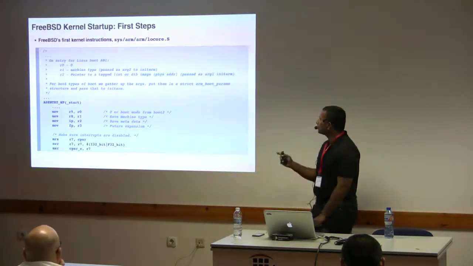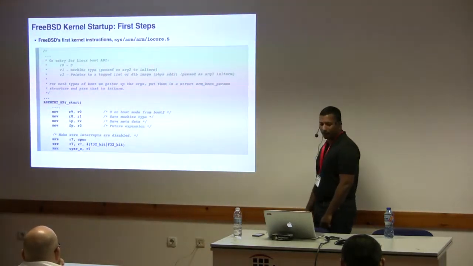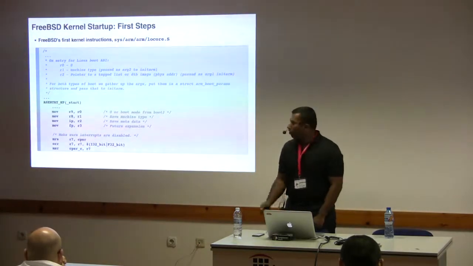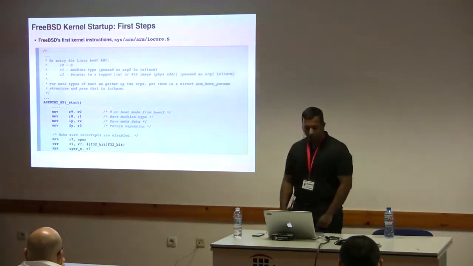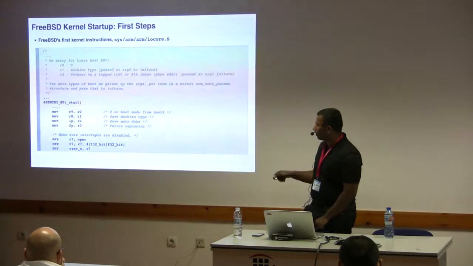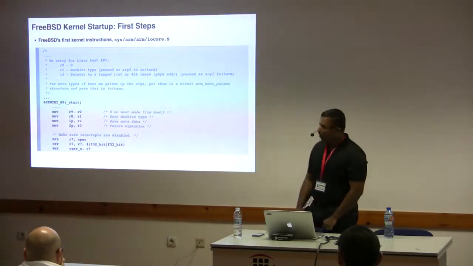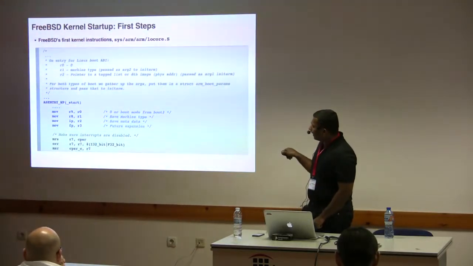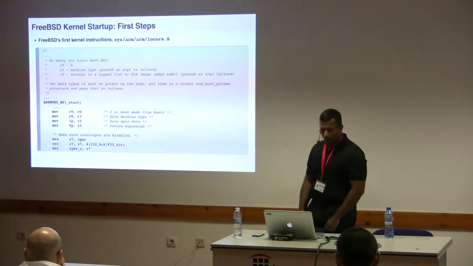So here are the first steps for FreeBSD on ARM. If you look at locore.S, the entry point is _start. So these are the very first instructions that execute. FreeBSD uses a Linux boot ABI, since it's using U-Boot.